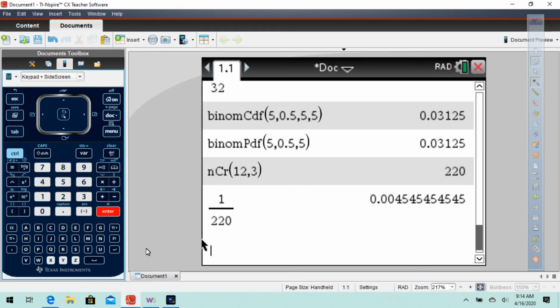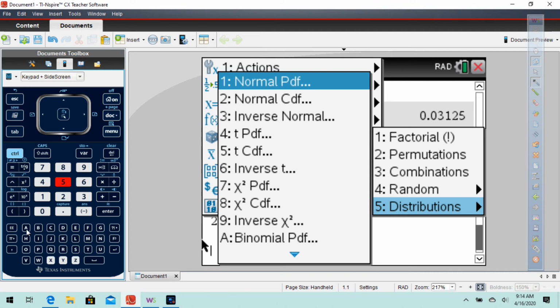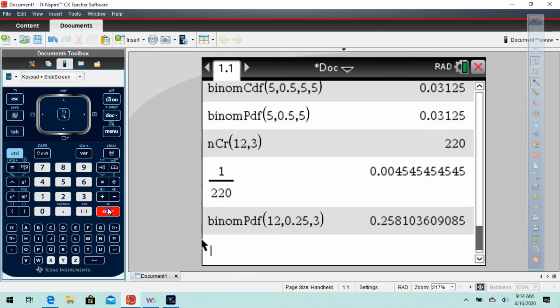Let's try that. Number of trials 12, 0.25, and we're going to say 3. Ooh, what did I do wrong here? That did not work right.